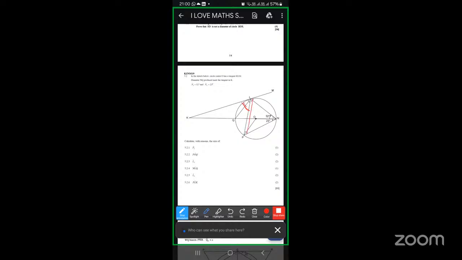So it's going to be equal to the angle that is opposite the chord. So this angle is equal to this angle. 23 plus 32 is equal to that angle, PLK. Then that's how you approach this kind of question, guys. With the DRCPT technique, I don't think you will ever go wrong.